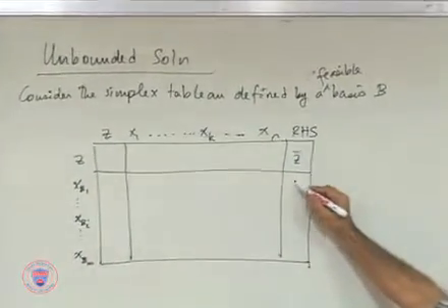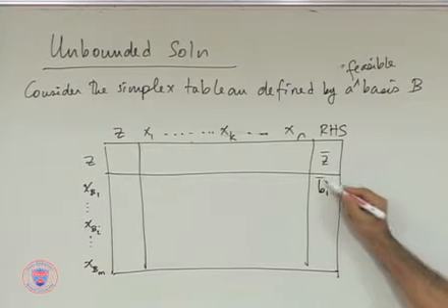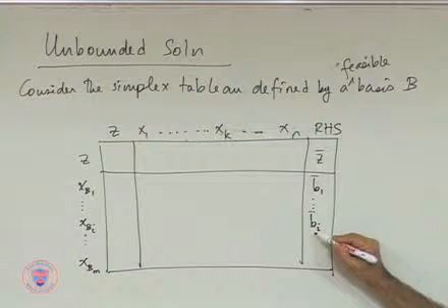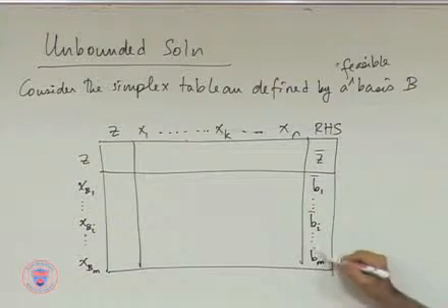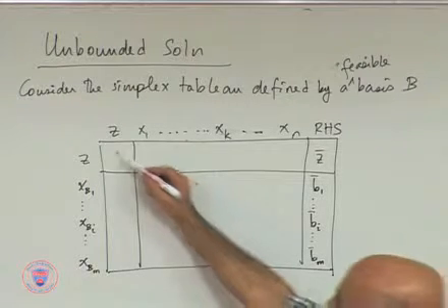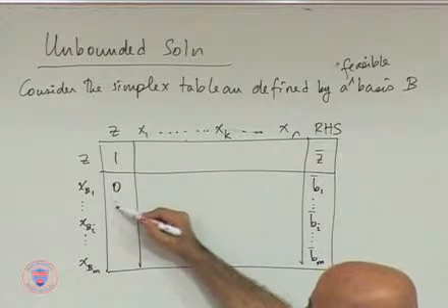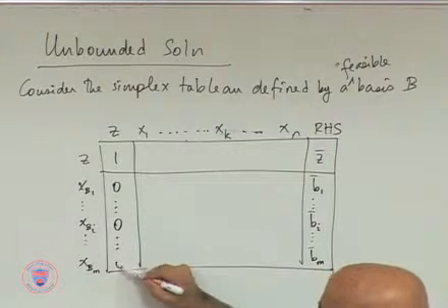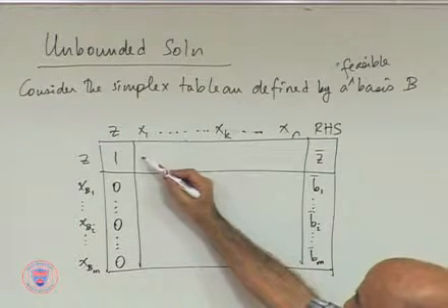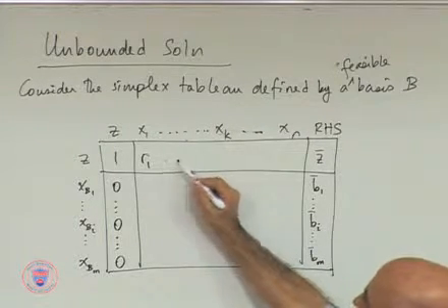Okay, the right-hand side columns are simply the current values of the basic variables obtained by B inverse b. Okay. Z bar is CB B inverse b. And the first column is nothing unusual. It's the same old unit vector. For x1, you have the reduced cost r1.